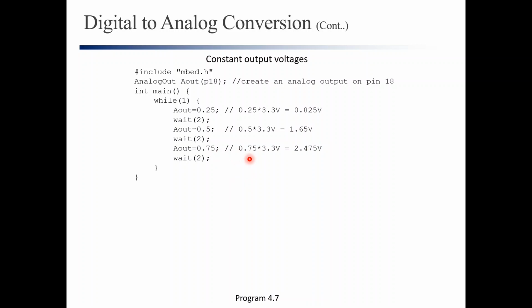And for 2.475, you need to assign 0.75 to Aout, such that you get 2.475 volt. So this means for this AnalogOut function, the value is between 0 and 1, which is the normalized value.